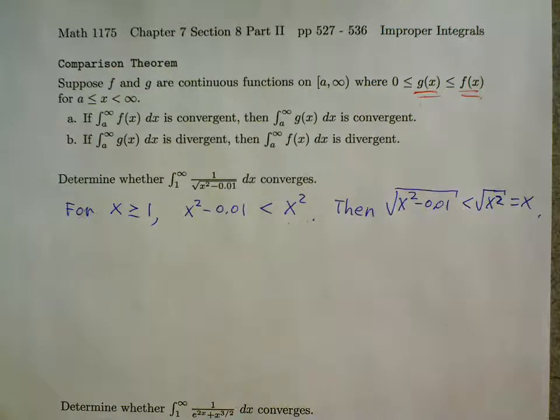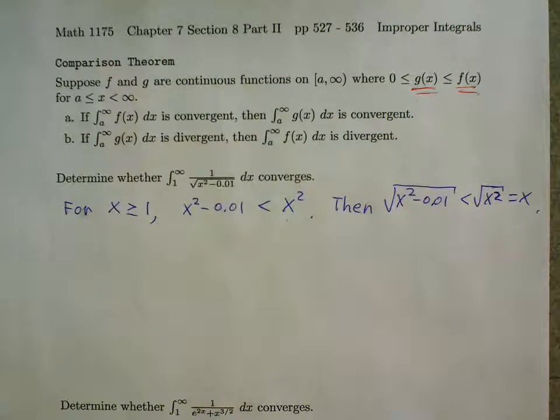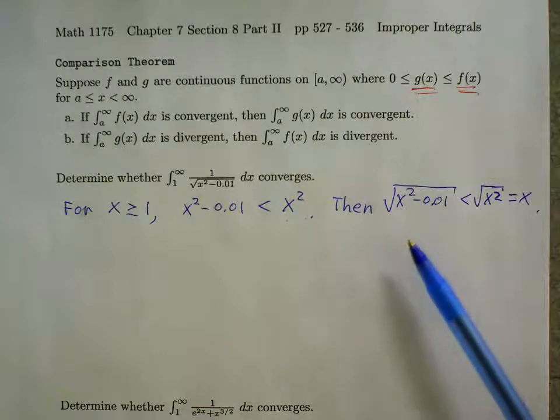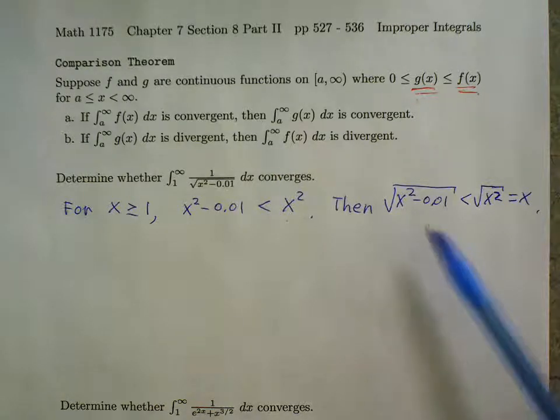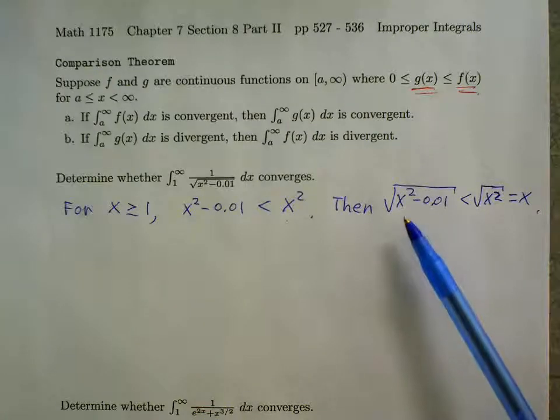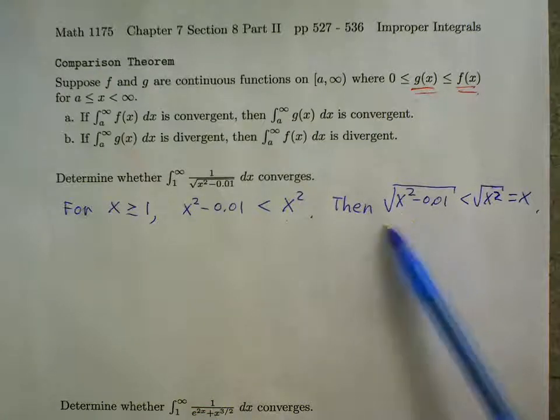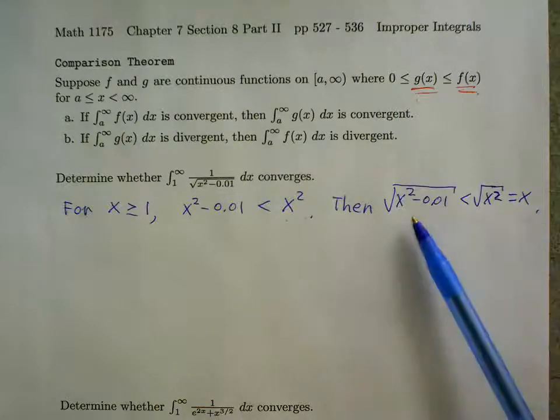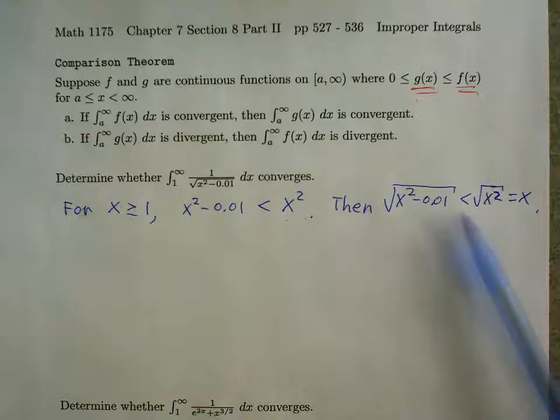Okay, what's going to come next? So in arithmetic of real numbers, if one real number is less than another, then the reciprocal of the first is greater than the reciprocal of the other. You see what I mean?